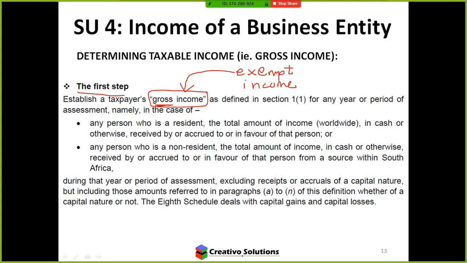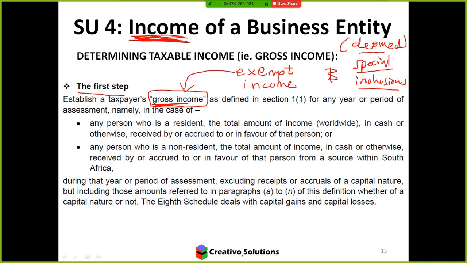And then you've got special inclusions. Special inclusions are basically income type receipts, things that are, in inverted commas, deemed income, but not specifically gross income. It is deemed to be income, and that's why we include it. Anything that appears to be income can be specifically included in the tax assessment.